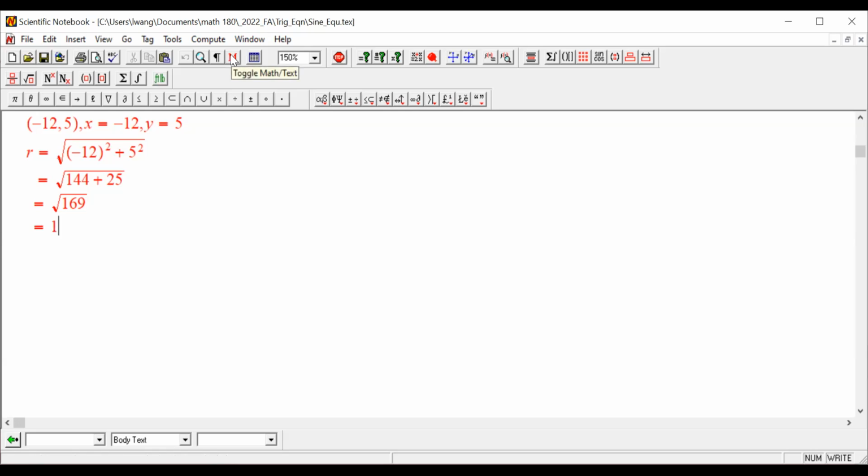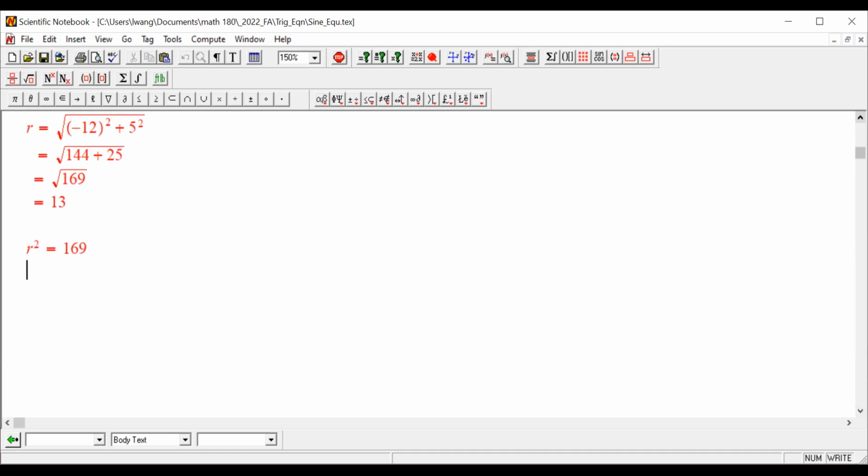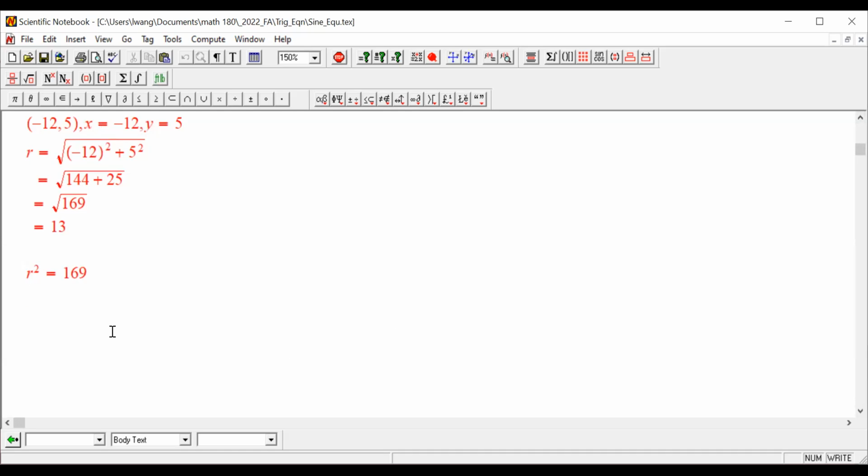And some of you used the Pythagorean theorem. It's okay to use the Pythagorean theorem, but you need to understand, when you get to the point of r squared equals 169, the right way to do it. Most of you just said r equals 13.